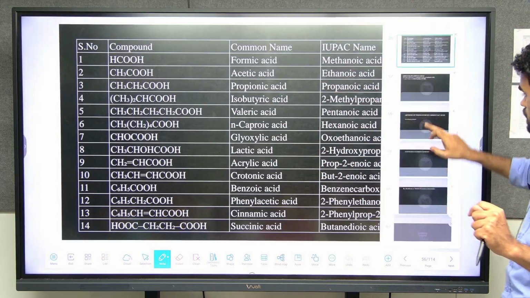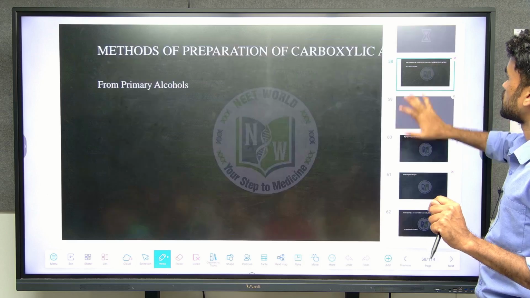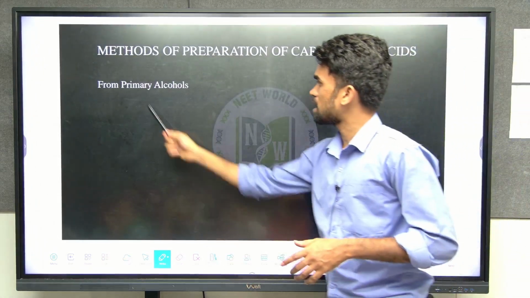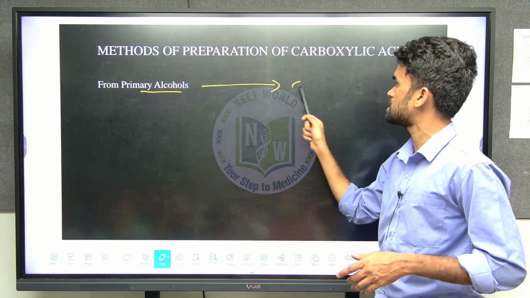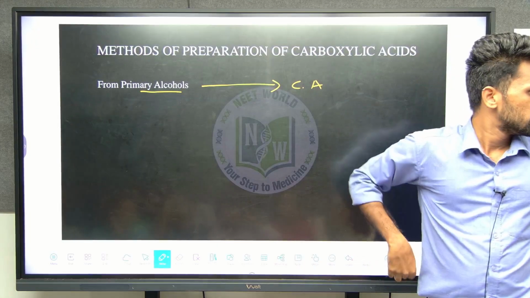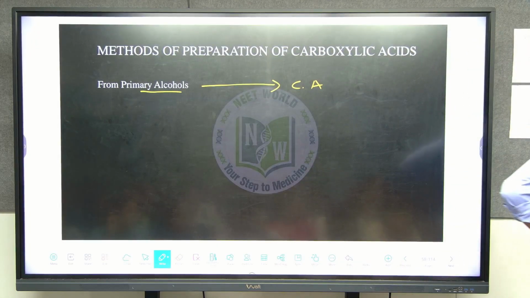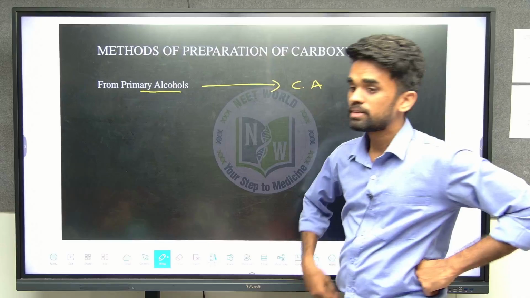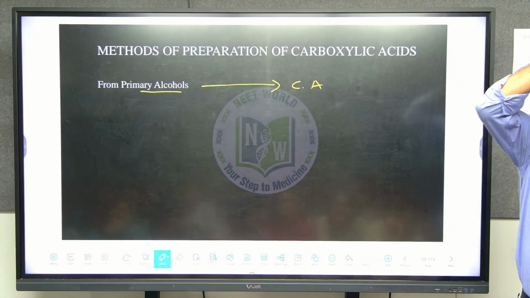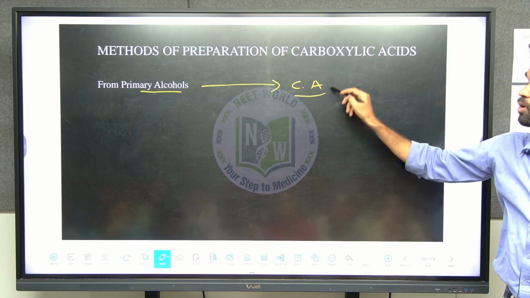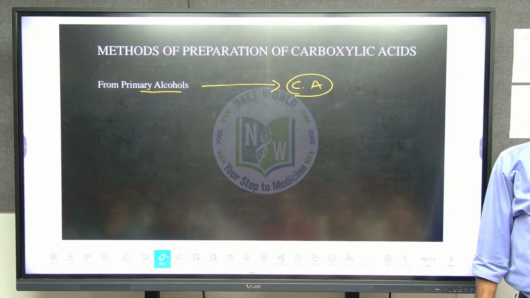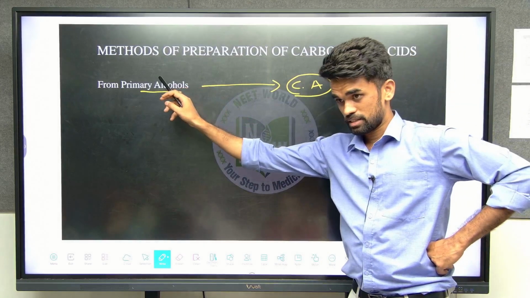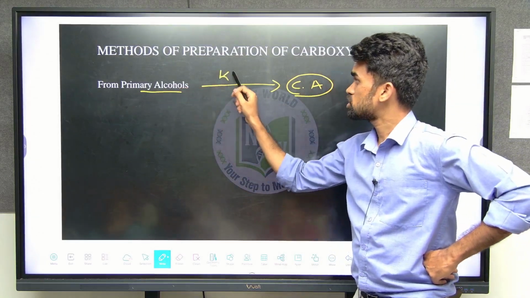Okay, next let me check with some preparation methods. So tell me, from primary alcohols, how can we prepare carboxylic acids? It can be a strong oxidizing agent.